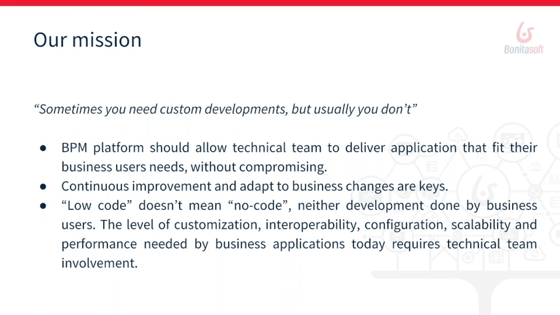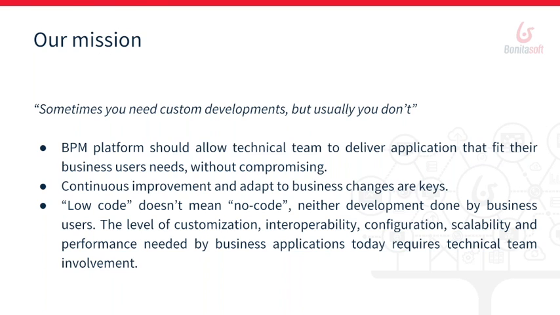And the last aspect, one of our big goals, is to allow business applications to be quickly modified and improved based on users' feedback, developer feedback, or business change. That's what we call continuous improvement. When you build a first version of a business application, you release it to your end users.